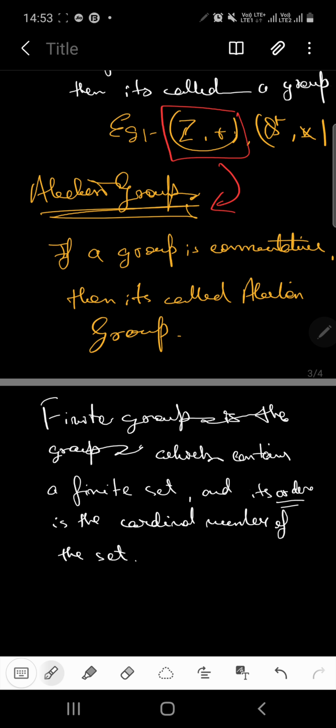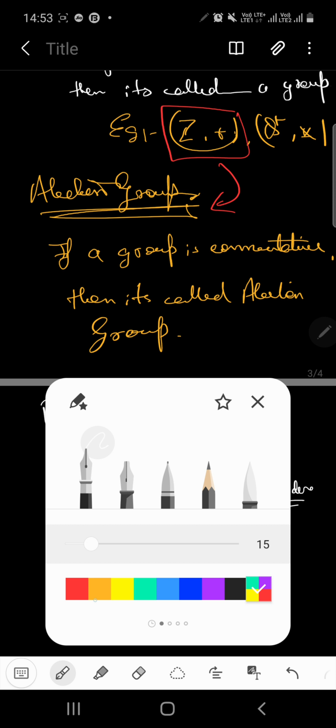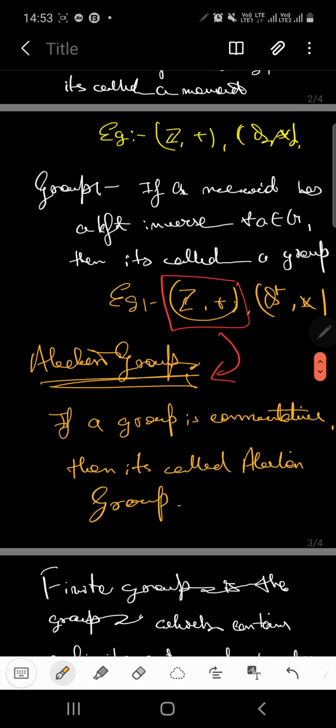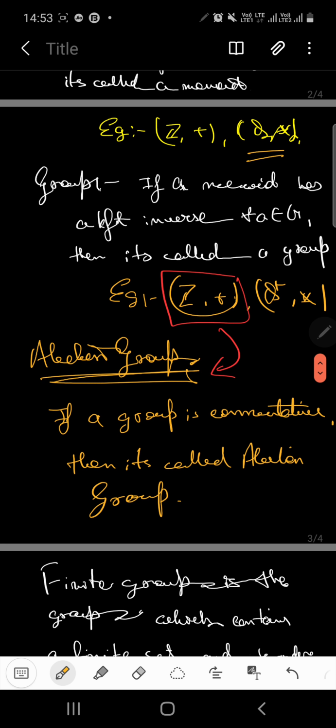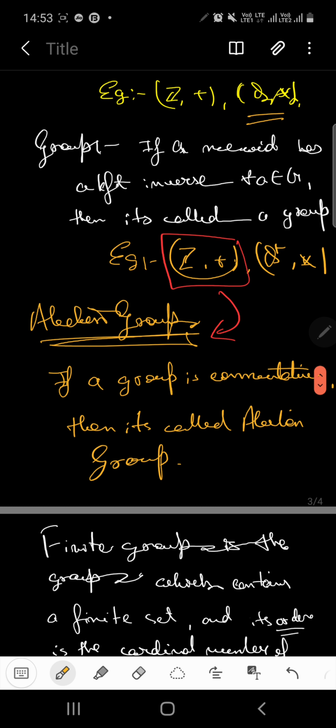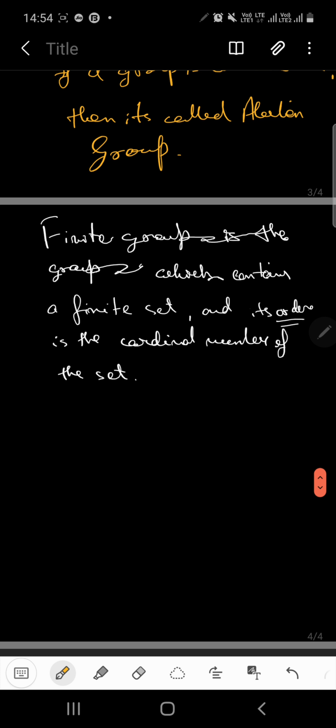Now sometimes you can ask me a question, or you should have asked this question to anyone who will be teaching you group theory. Sir, till monoid we learned that Q with star is a monoid, where star is multiplication, but we do not find this set in the group. Instead we write Q, all the non-zero rationals.